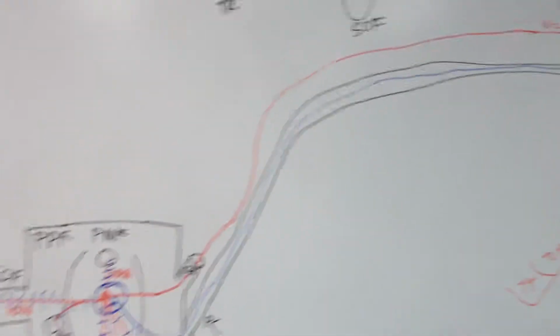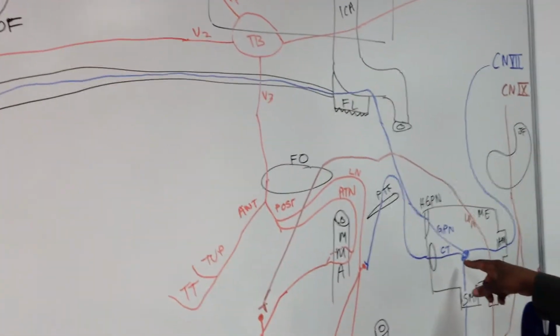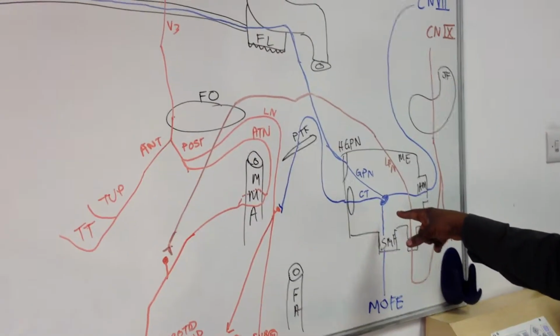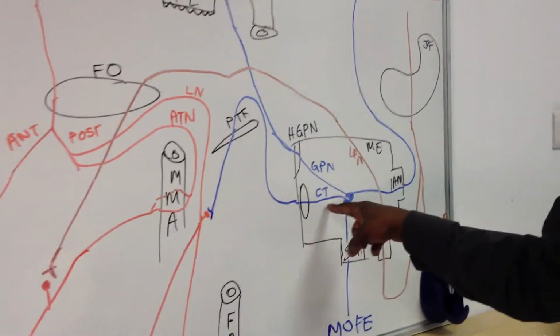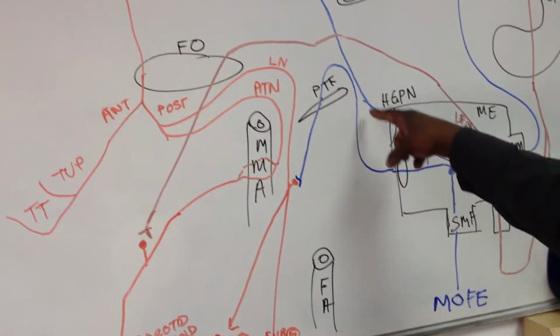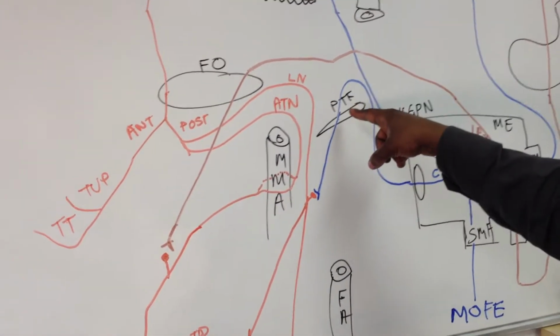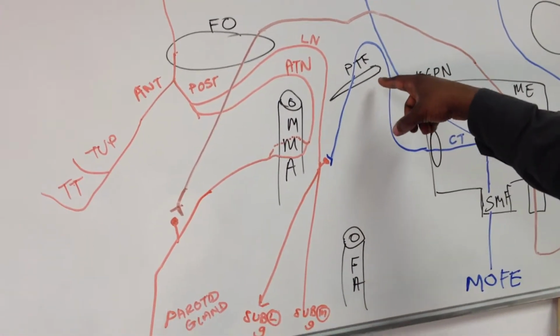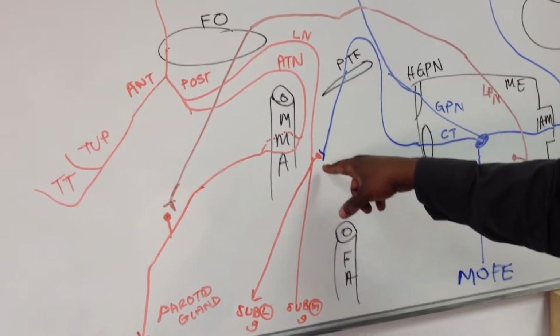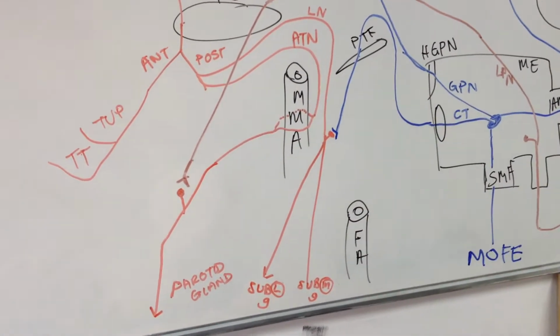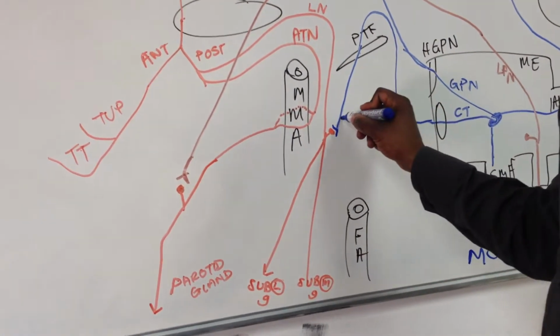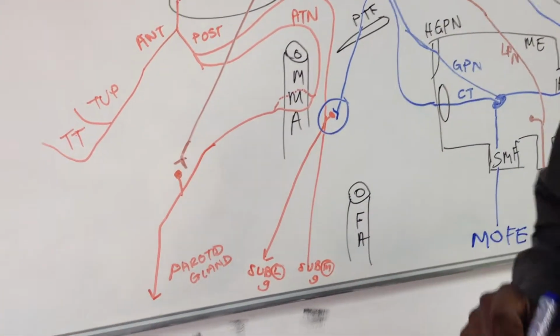Let's move over now to the next branch of the facial nerve, which is going to go through the ear, called the chorda tympani, through the petrotympanic fissure, and it's going to come down to, oh, look what we have here. Another ganglion.